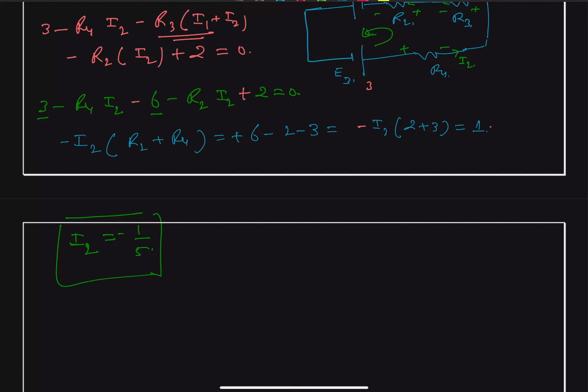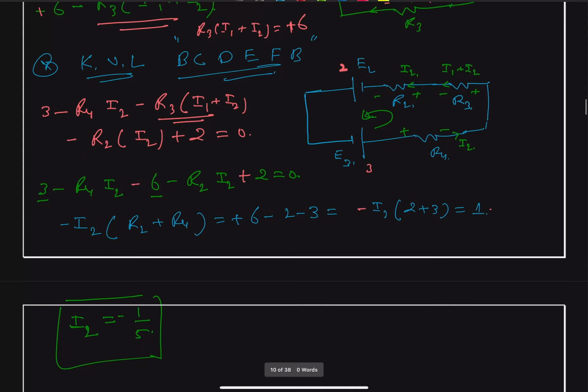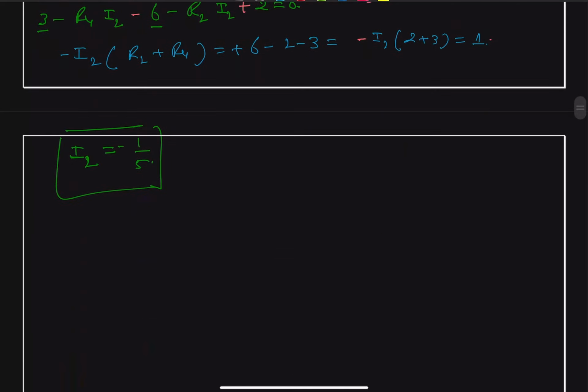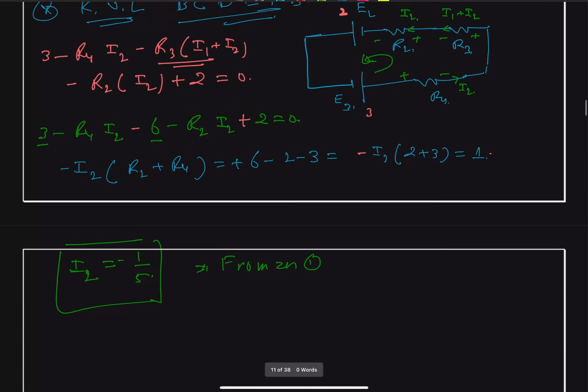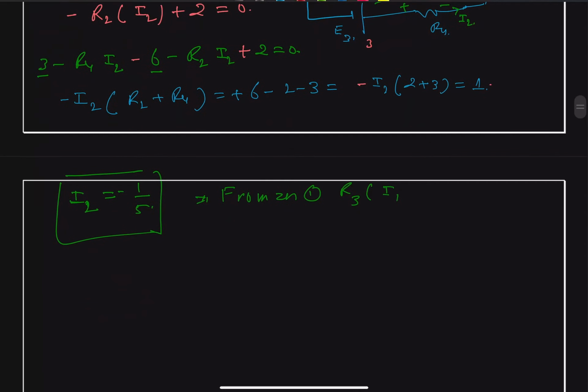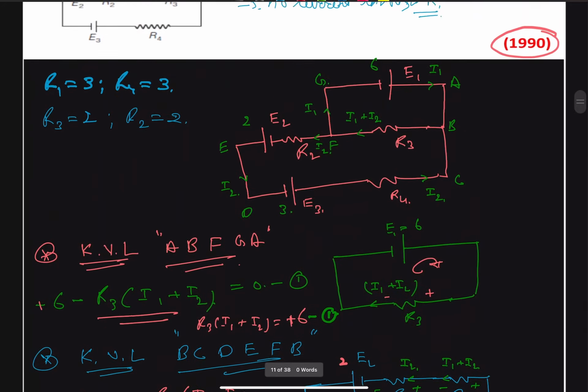And we can use, let us call this equation number 1, in order to find out I1. So from equation 1 we have R3 multiplied by (I1 plus I2) is equal to 6, and R3 is equal to 2.